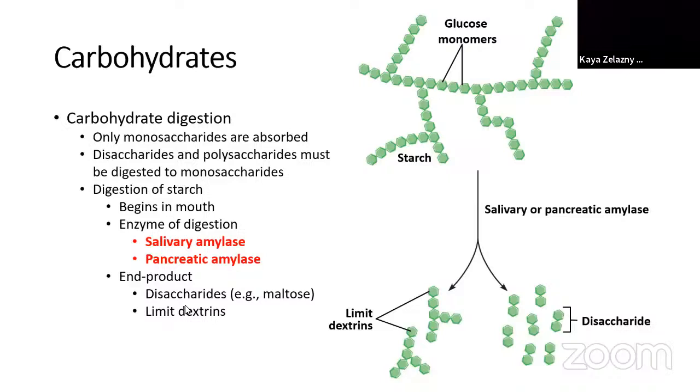But they can only break the carbohydrates down so far. They have some trouble. So there are going to be other sort of accessory enzymes embedded in the walls of our small intestine that allow us to get down to that monosaccharide structure and ultimately absorb.